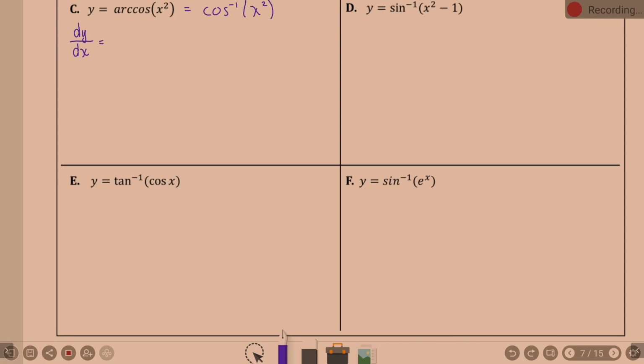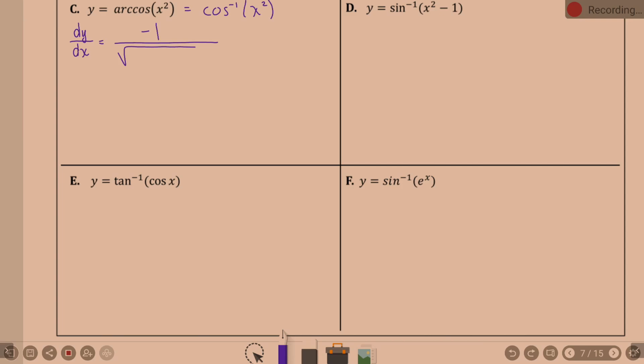Okay, what's my rule for cosine inverse say? If you recall on top, I just kind of thought of it as a negative one. Notice it says negative u prime. That u prime represents the chain rule. Okay, so I'll worry about the chain rule here in a moment. Over, and then what is it?